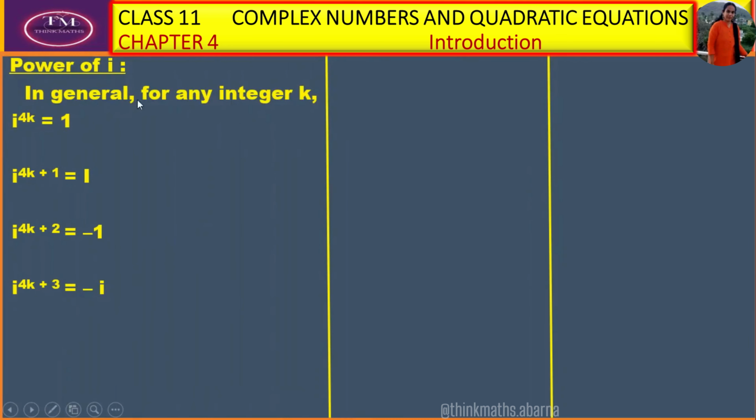In general, for any integer k, we can say i power 4k is 1, i power 4k plus 1 is i, i power 4k plus 2 is minus 1, and i power 4k plus 3 is minus i.